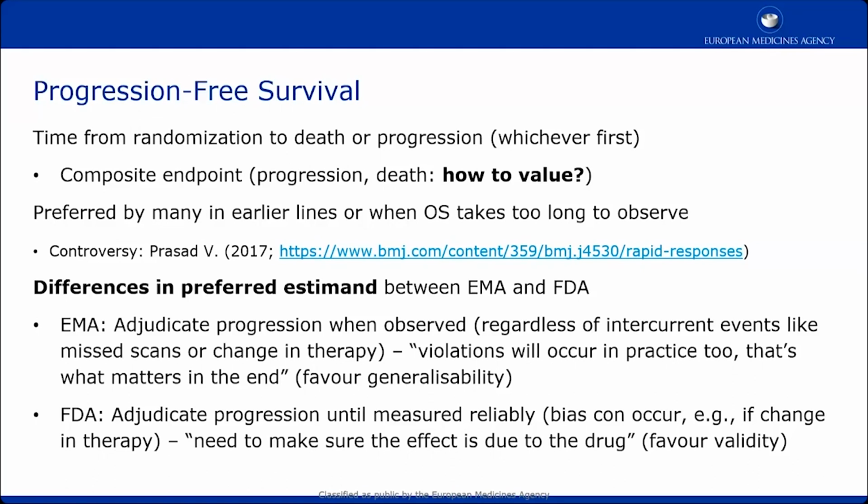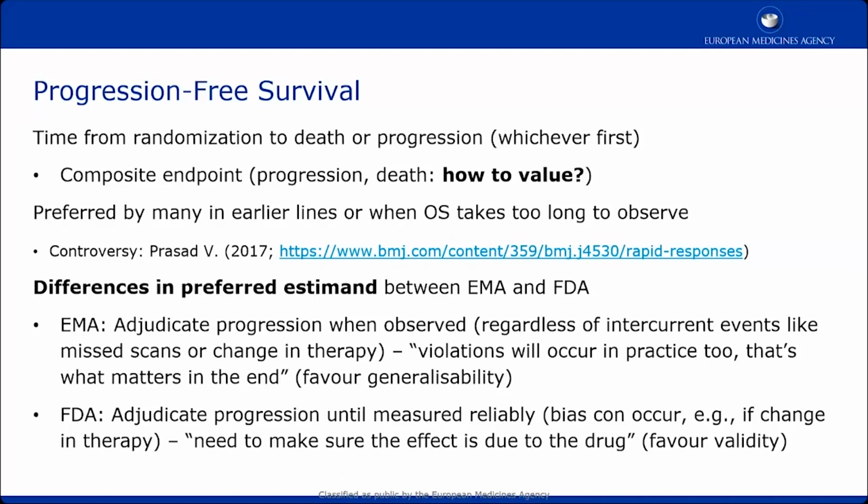In this endpoint, you have things like a small increase of a tumor on a CT scan. That could be an event that triggers a progression, but also you could have death. And now, in a benefit risk assessment where you have to assign value judgments, you can well understand that it's difficult to assign value judgments to such an aggregate of different events with different meanings. And we'll come back to this and possible approaches to change this.